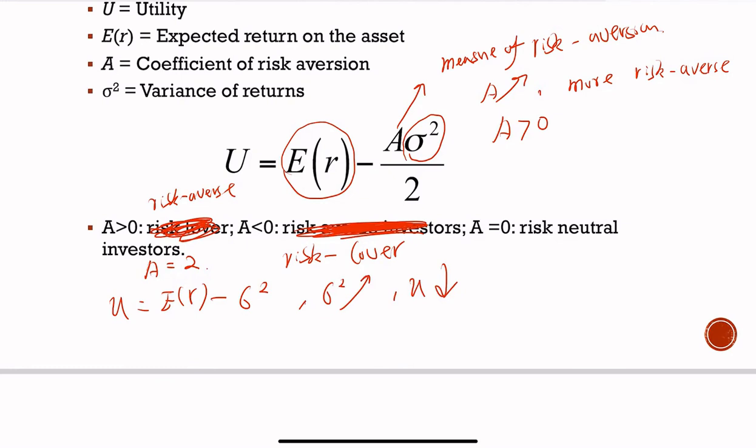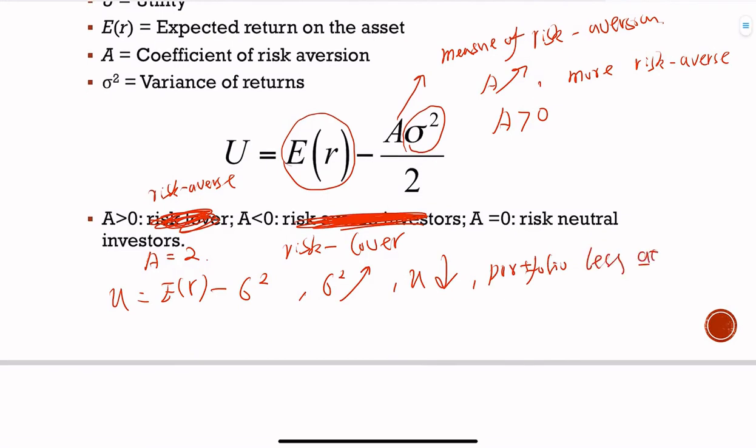Utility is a measure of the attractiveness of the portfolio. So it basically means the portfolio becomes less attractive, right? So you can see that the story here is basically as the variance increases, the risk increases. And because the investor is risk averse, the attractiveness of the portfolio decreases.